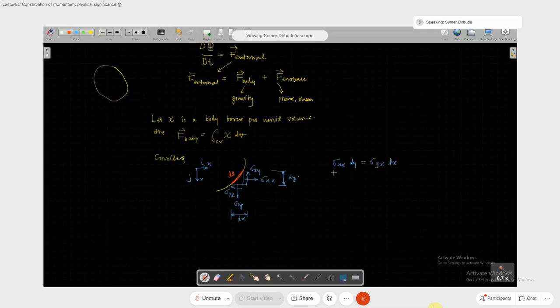Another force balance equation can be sigma xy dy equals sigma yy dx, in the opposite direction.